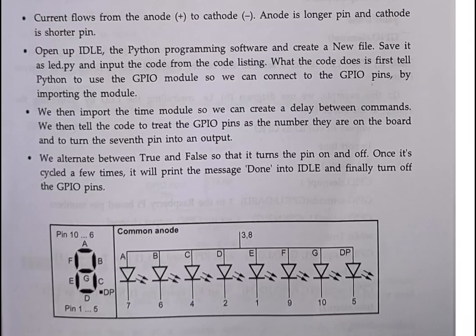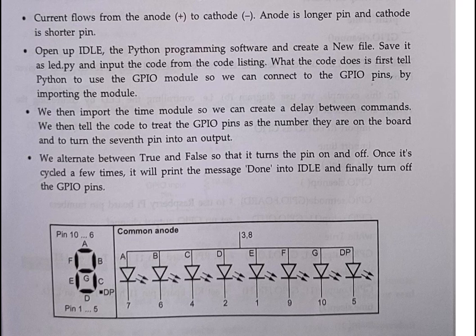We then tell the code to treat the GPIO pins as the numbers they are on the board, and to turn the seventh pin into an output. So we can alternate between True and False to turn the pin on and off. If we write True, it will turn on the pin, and if we write False, it will turn off the pin.